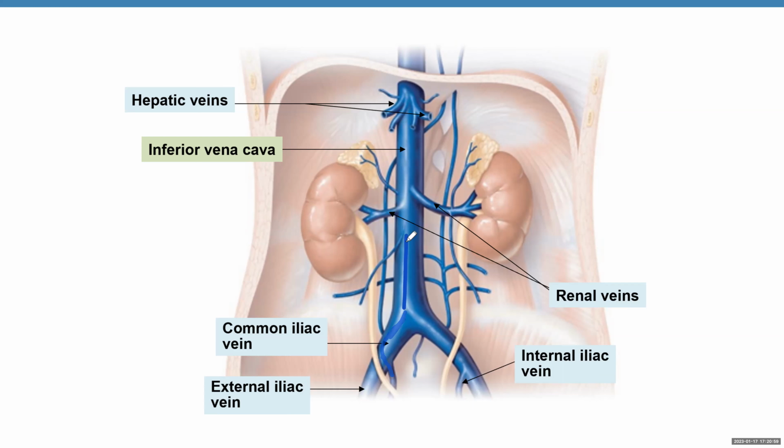And then this big blood vessel here is called inferior vena cava. You also need to collect blood from kidneys, renal veins, right there, suprarenal veins, from liver, hepatic veins. So all this blood flows to inferior vena cava, then inferior vena cava pierces through the diaphragm and brings blood to the heart.